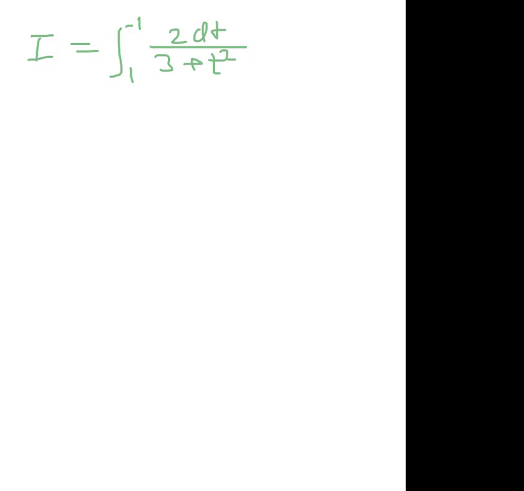With one more property, we are taking the next step. I is equals to minus times minus 1 to 1, 2 I'm taking outside, 1 upon t square plus root 3 to whole square dt.